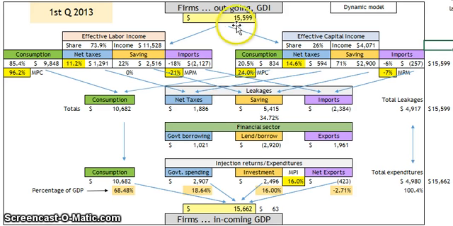See how this is different, where it starts out with $15.6 trillion in income, GDP income, or GDI, you might say, going into the economy, and that money is spent and invested and becomes 15.66 trillion going into the firms. So the firms paid out that much, but they received more.